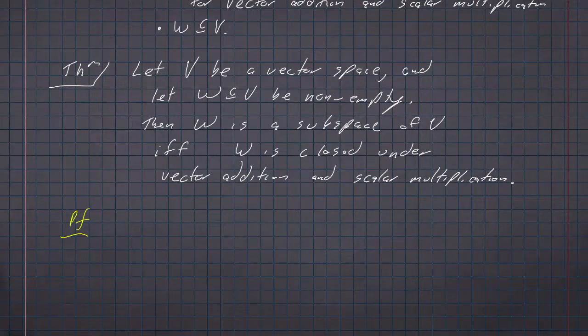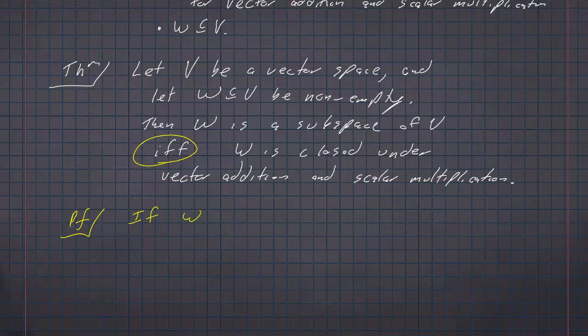The proof of this theorem is actually not that bad. Notice that this is an if and only if statement, so we have to prove both directions, although the first direction is pretty easy.